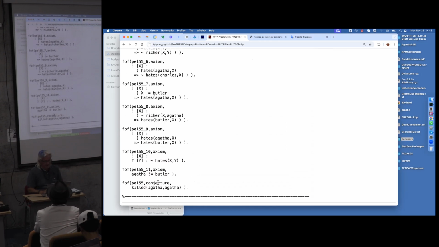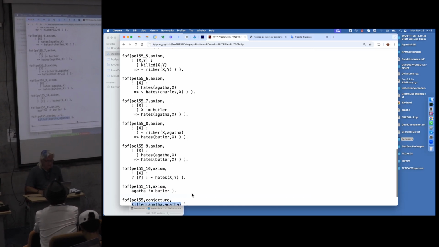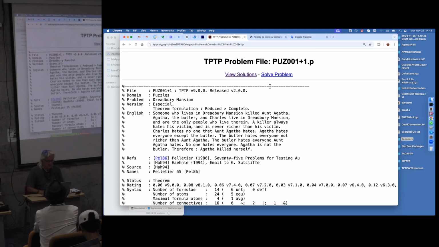And at the end, I couldn't ask who killed Aunt Agatha. I asked, just prove Agatha committed suicide. Just an easy thing, not who, just prove she committed suicide. Then Charles and Mayordomo go home. All right. So we could solve it.